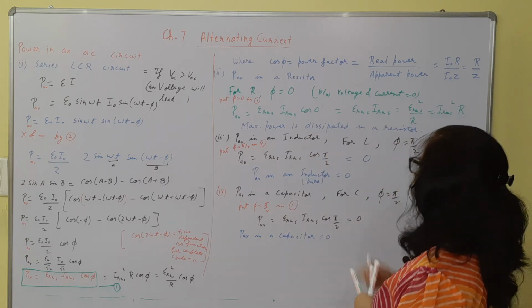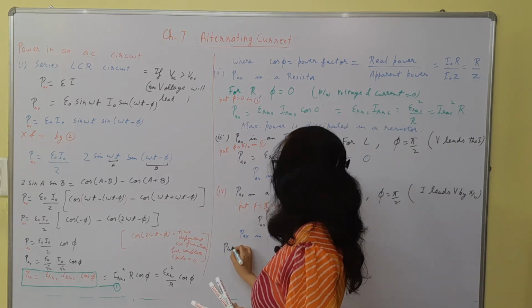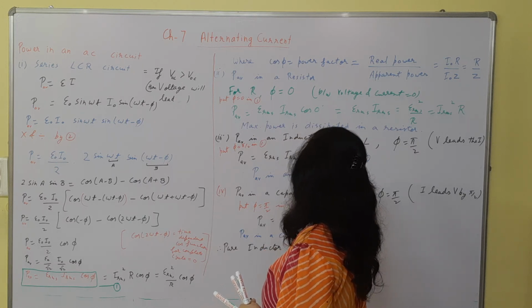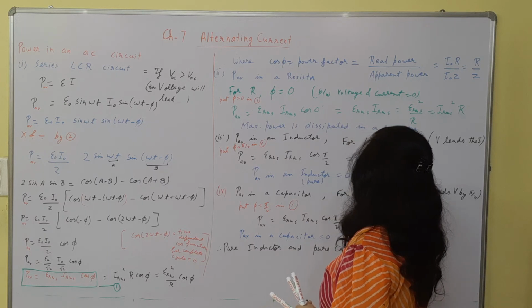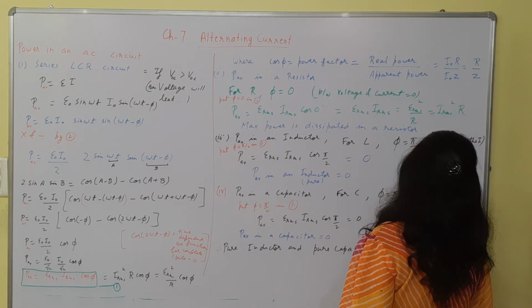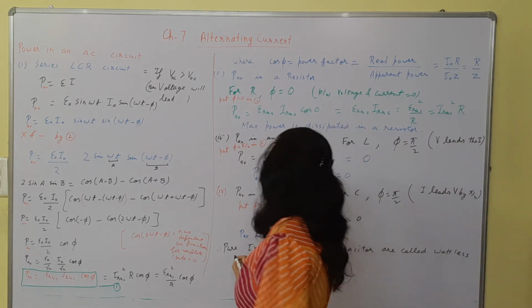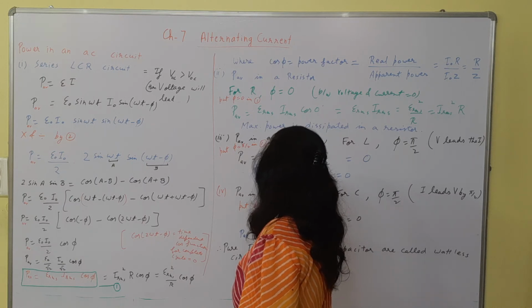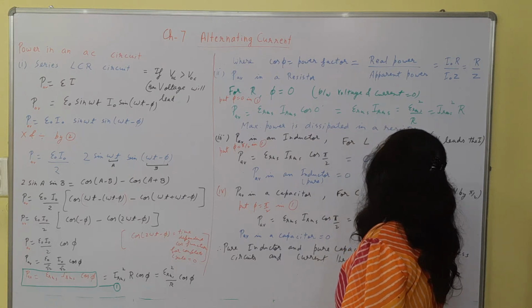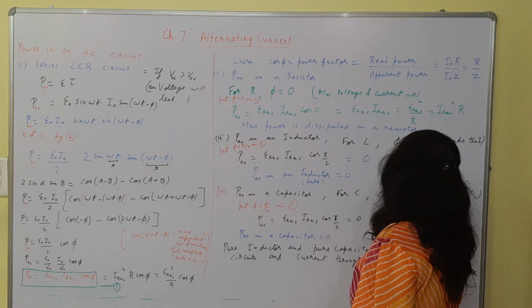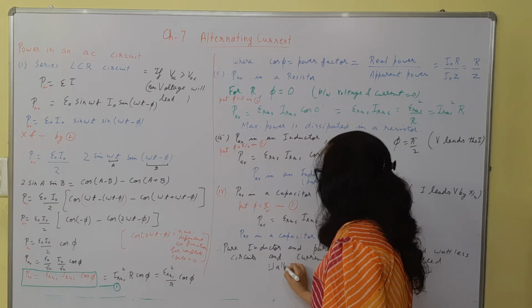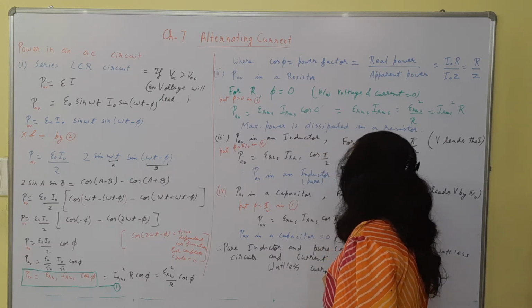So that's why a pure inductor and a pure capacitor are called wattless circuits, and the current through these is called wattless current.